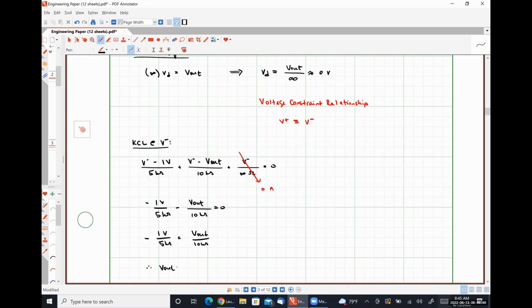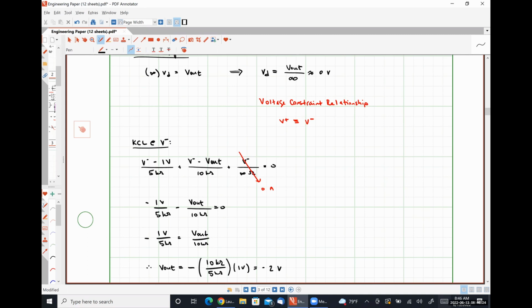And finally, we can see that V out is equal to negative 10 kilo ohms over 5 kilo ohms times 1 volt, which is equal to negative 2 volts, which is extraordinarily close to what we got using our practical op-amp model.